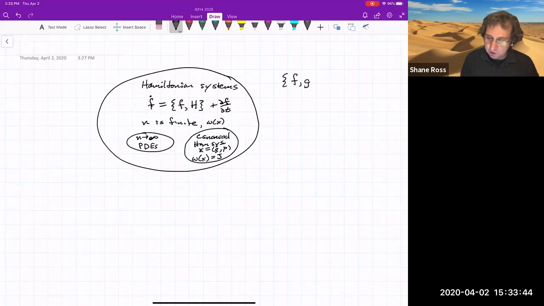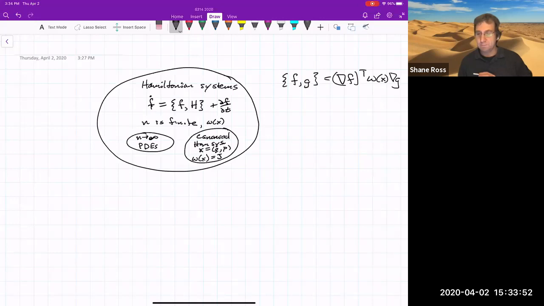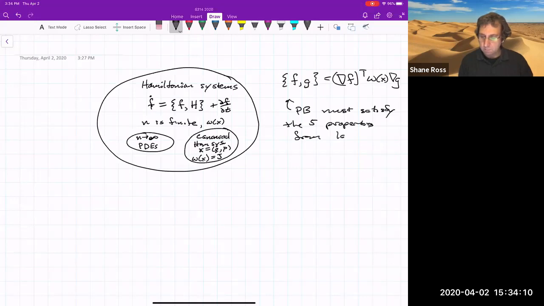The bracket of F with G would be gradient F transpose, some n by n matrix, times gradient of G in general, where this Poisson bracket must satisfy the five properties from last time of a Lie algebra.